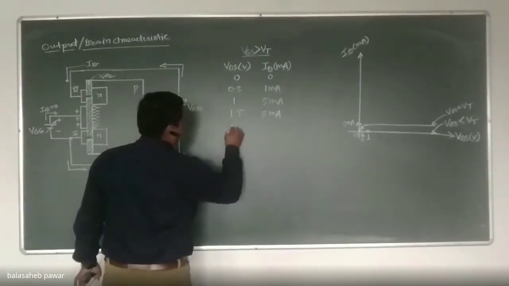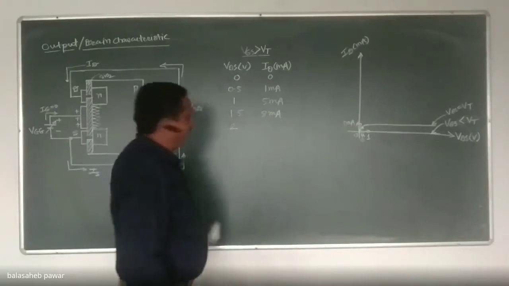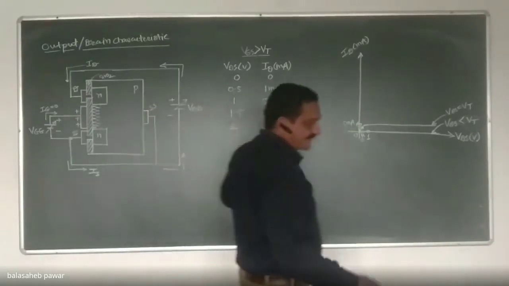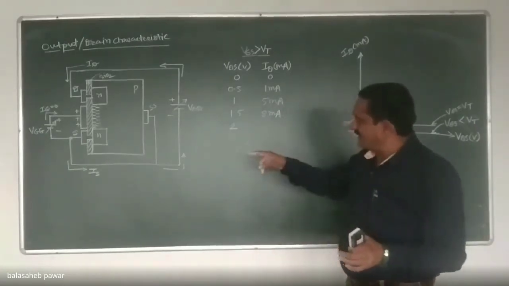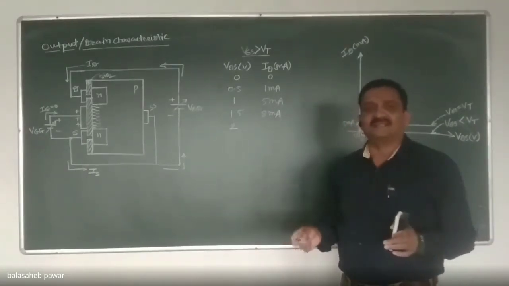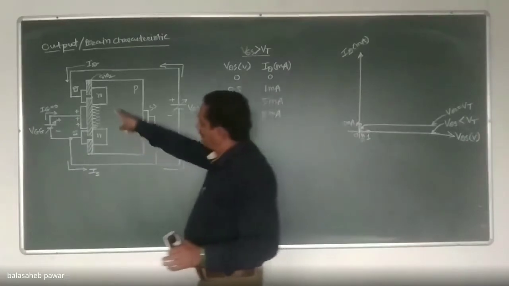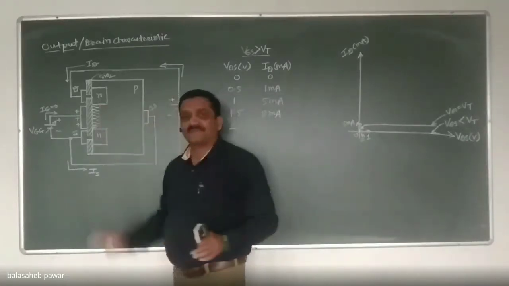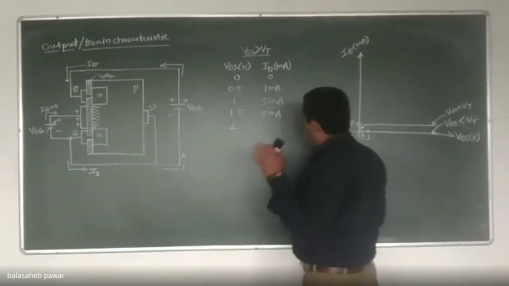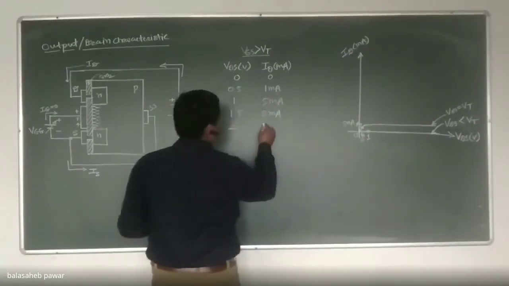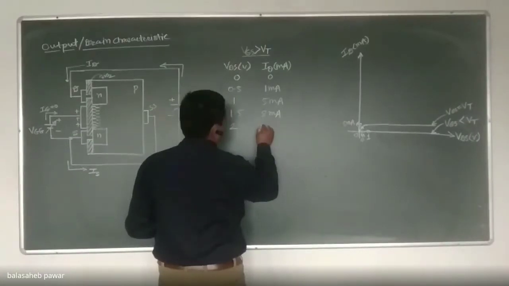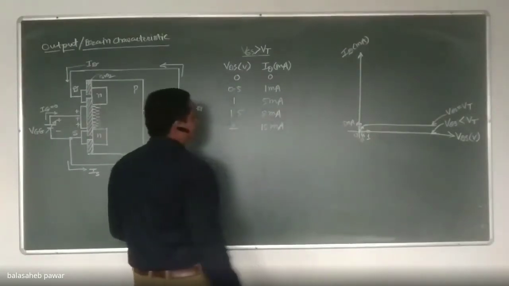Now I will apply VDS as 2 volts by this VDD, increasing from 1.5 to 2. In this case, we'll consider all 150 charge carriers start to move, and because of that, whatever current will flow, suppose it is 15 milliamperes, right?